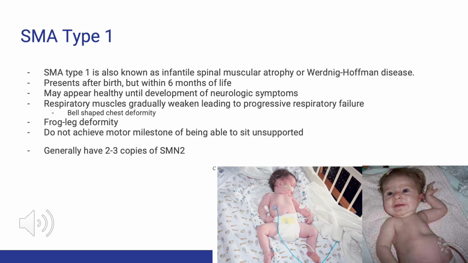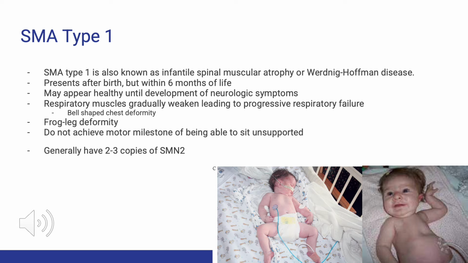They are typically pretty healthy appearing until the development of their first neurologic symptoms, which include symmetric flaccid paralysis, weak cry, poor suck and swallow reflexes, the inability to handle their own secretions, tongue fasciculations, as well as an increased risk for aspiration. So you may notice a difficulty feeding or frequent aspiration.